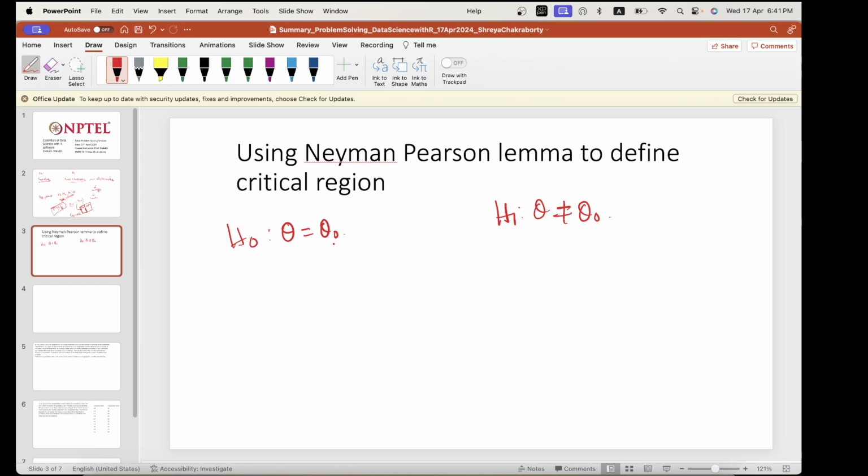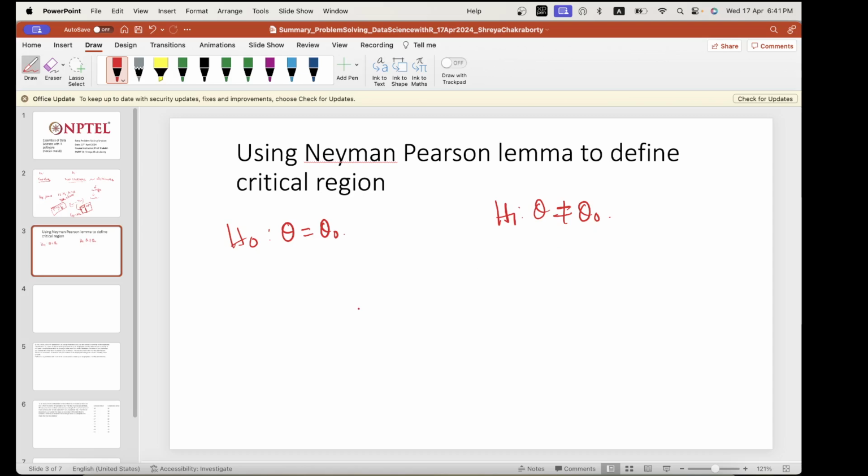Now, if you are to reject the null in favor of your alternate hypothesis, what is your natural inclination? Your natural inclination would be that given my data, the likelihood of theta equal to theta naught should be less than the likelihood of theta equal to theta 1.